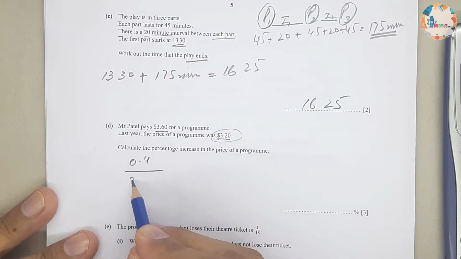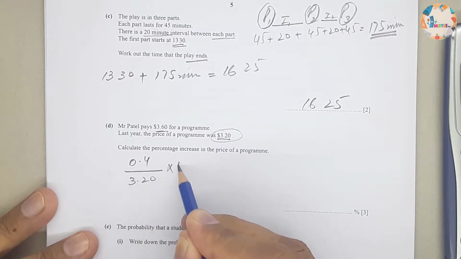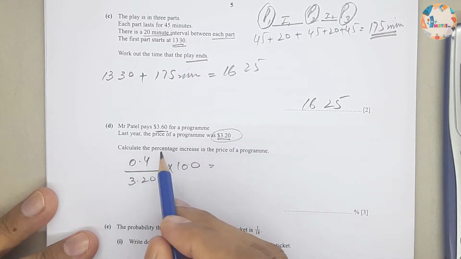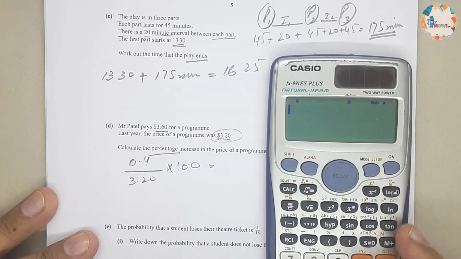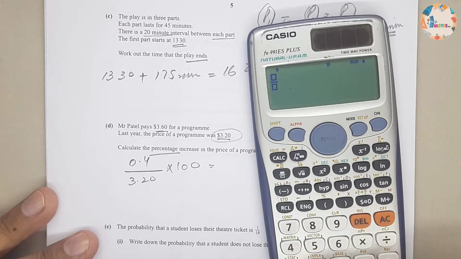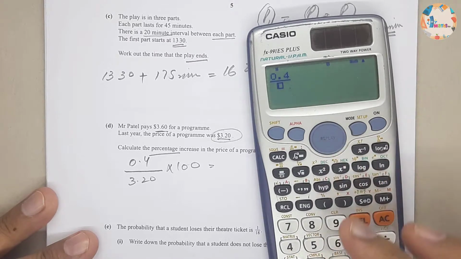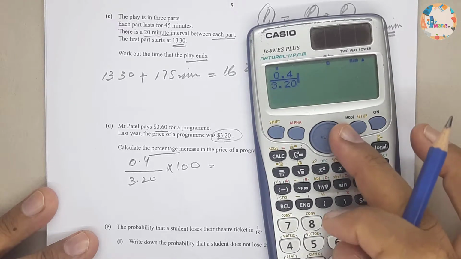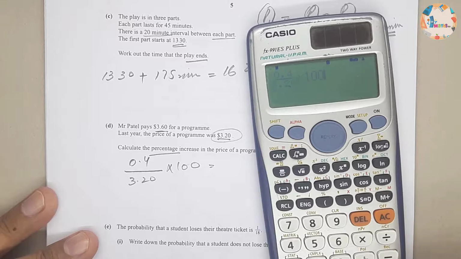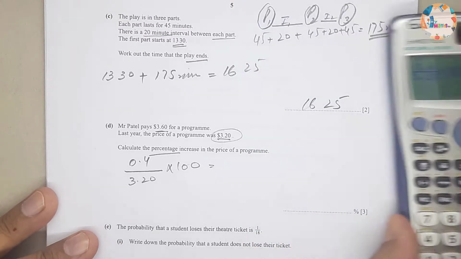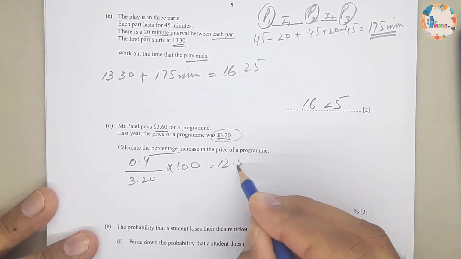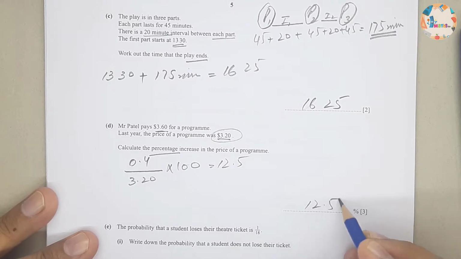Against 3.20, into percentage, because we have to calculate the percentage. So we calculate 0.4 divided by 3.20 and multiply by 100, and the answer will be 12.5.